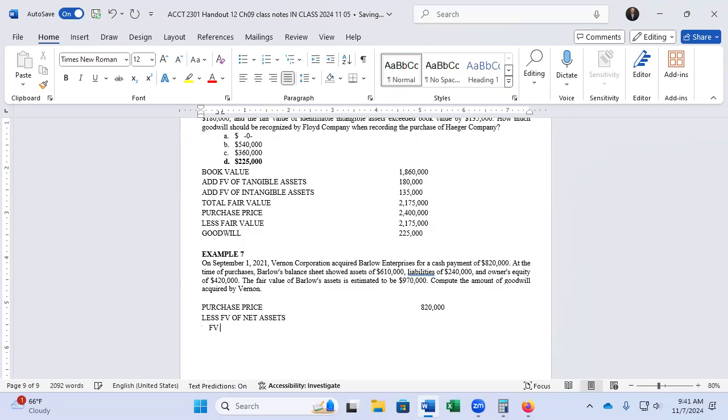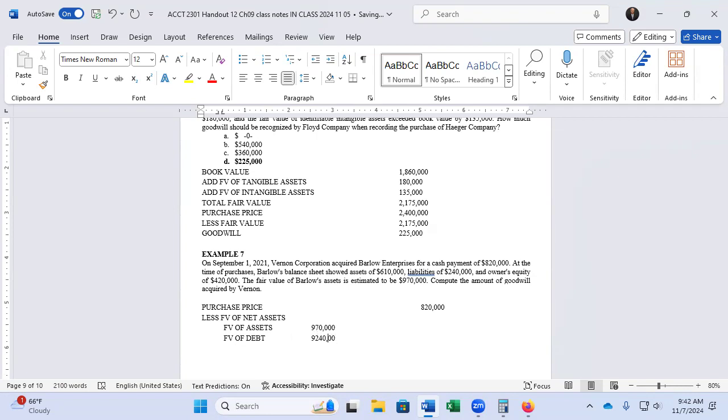And so we had fair value of assets, and they told us that the fair value of assets is estimated to be 970,000. And then we have the fair value of debt, which we have to subtract out, right?